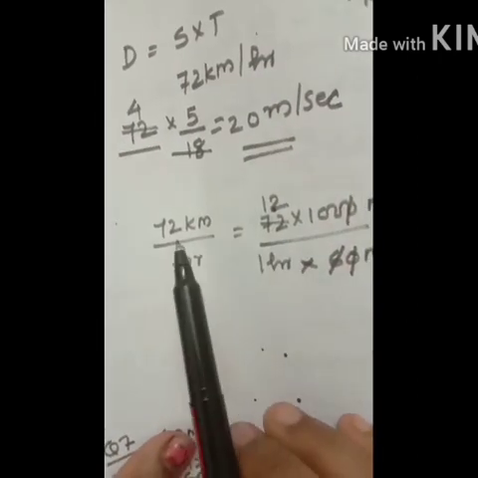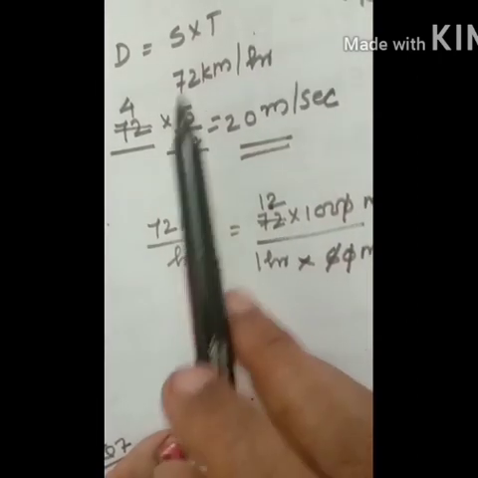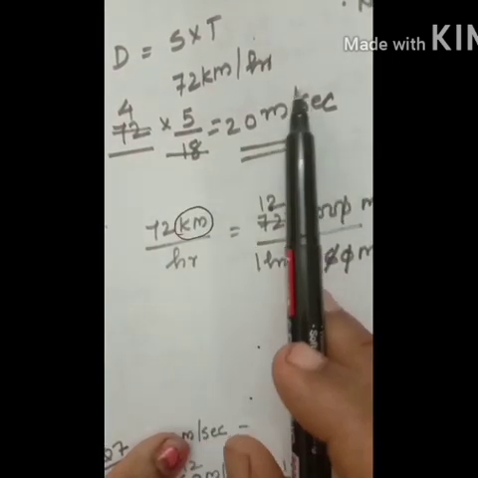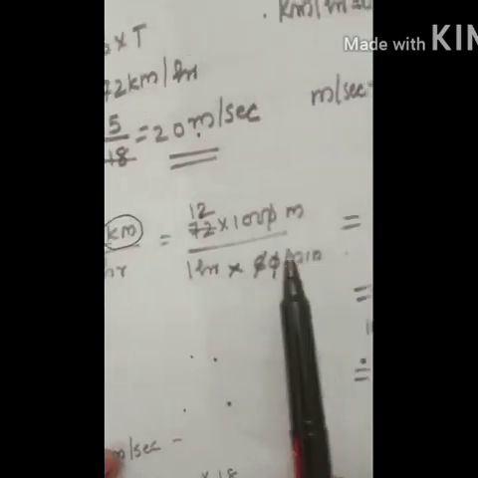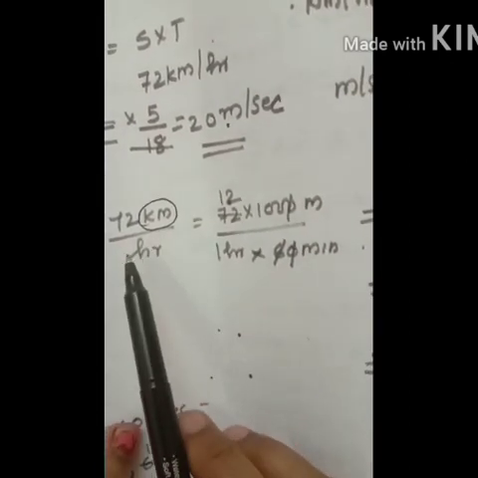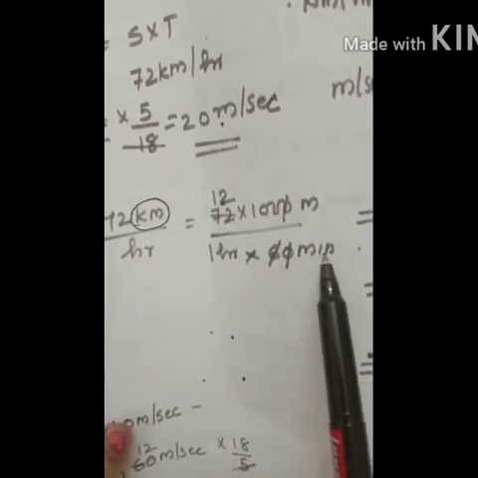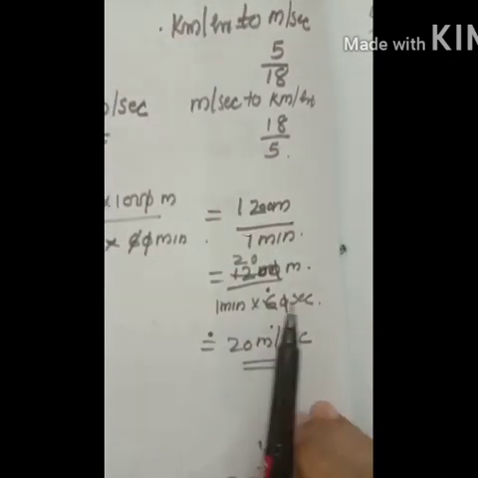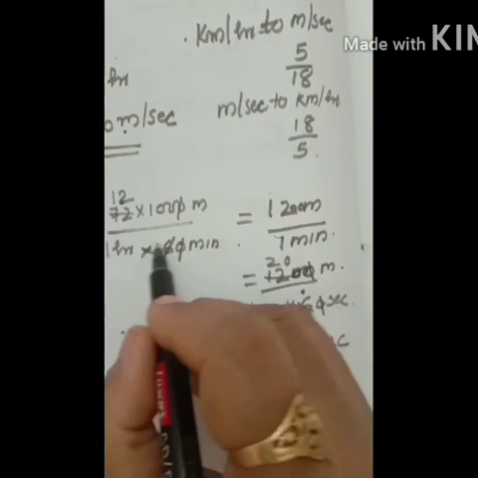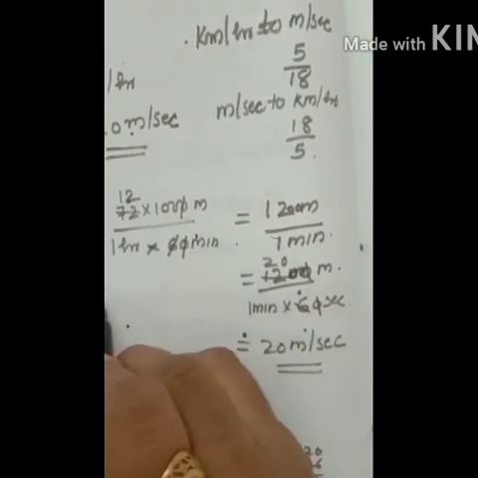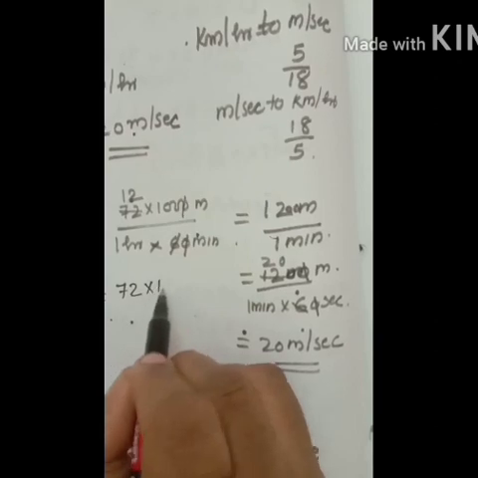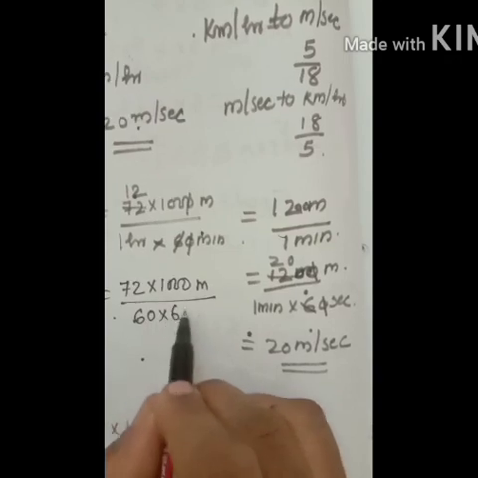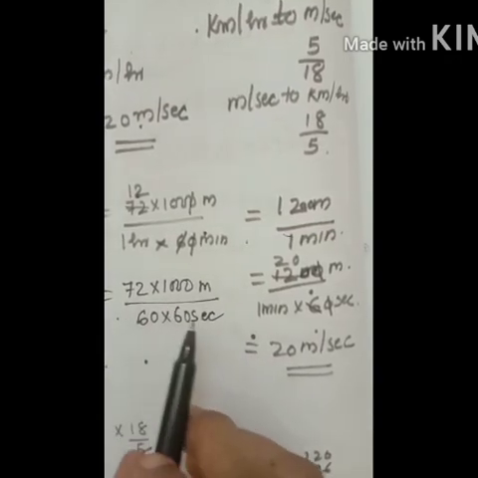How does it come? I am explaining here. 72 kilometer per hour. I want kilometer to meter, meter per second. 1 kilometer is 1000 meter. Hour to second, 1 hour is 60 into 60 seconds. So 72 into 1000 meter divided by 60 into 60 seconds. 1 hour is 60 into 60 seconds.